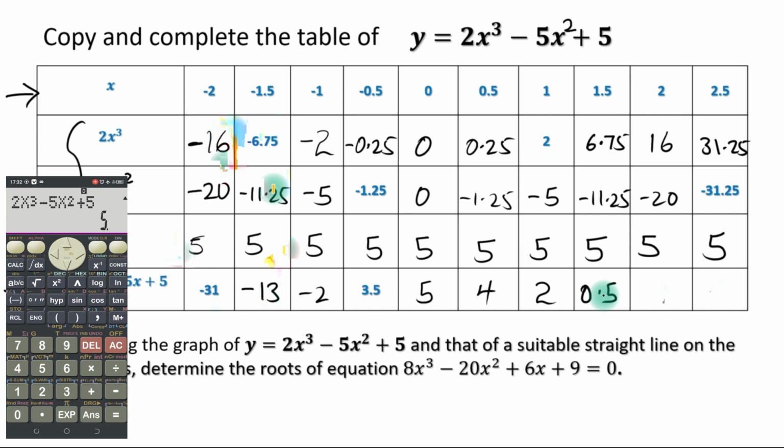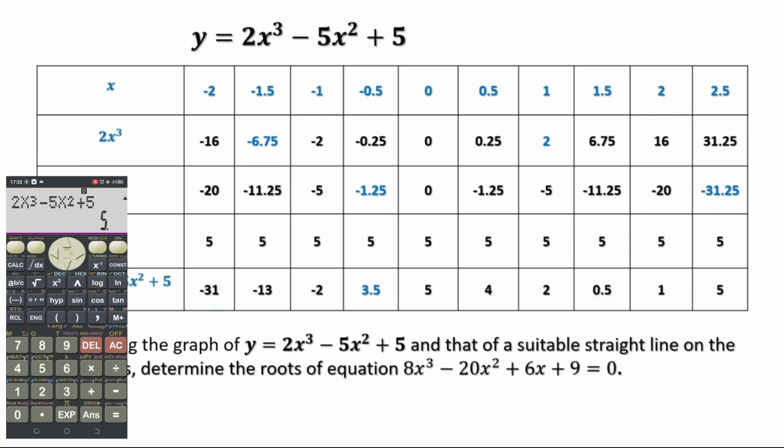So the next step we require now is to draw the graph. Now we draw the graph of the given function, and therefore let us now work on the given function. So already that is the graph we have, and therefore we need to plot this.